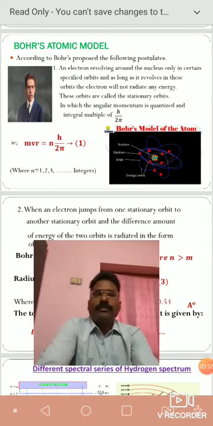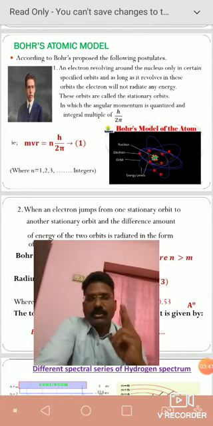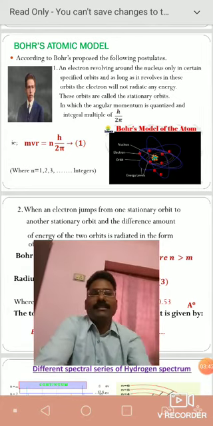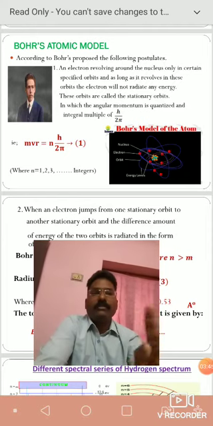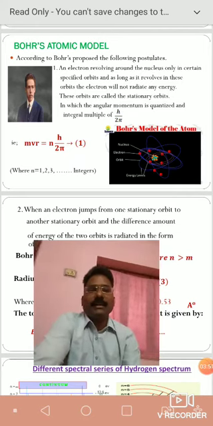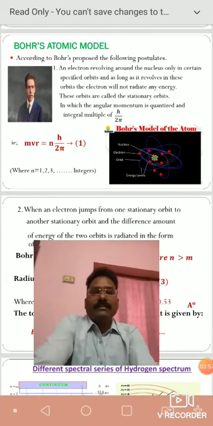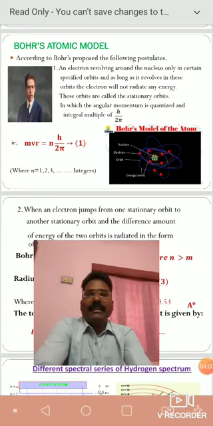According to Bohr's atomic model, he postulated two main postulates. One is an electron revolving around the nucleus in certain specified orbits, and as long as it revolves in the orbits, the electron will not radiate any energy.